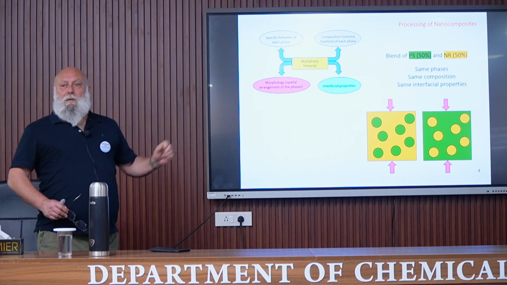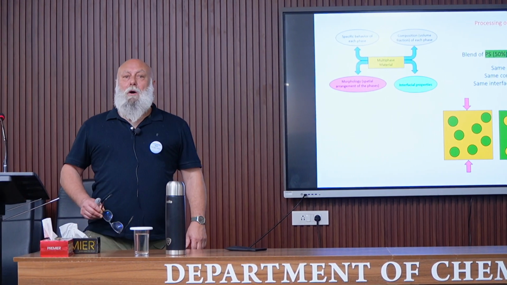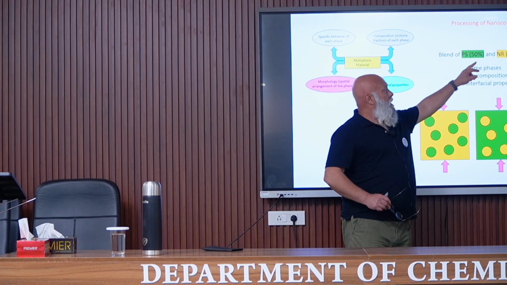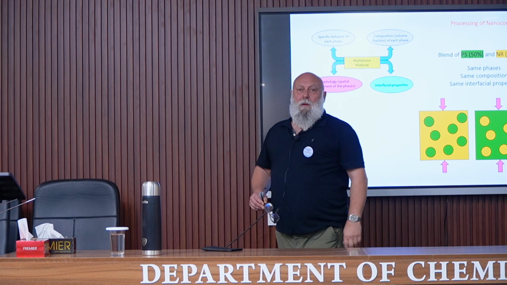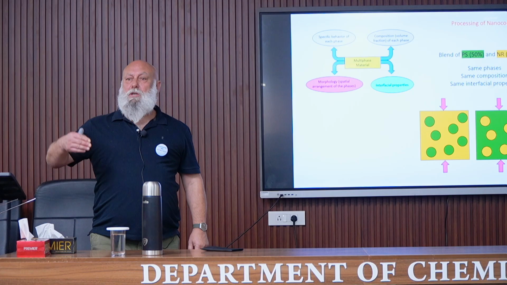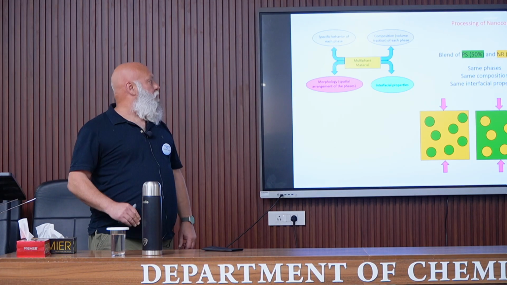To understand this, we can consider a blend of two polymers, polystyrene and natural rubber. So polystyrene is a stiff polymer at room temperature because the Tg is around 90, 100 degrees Celsius, so it's above room temperature.